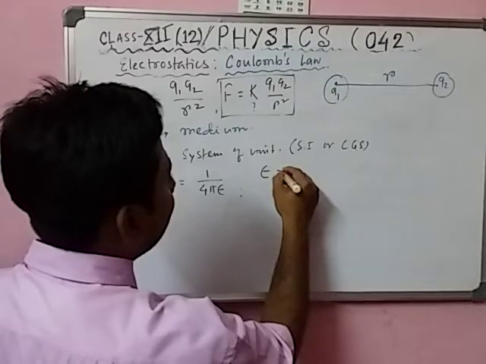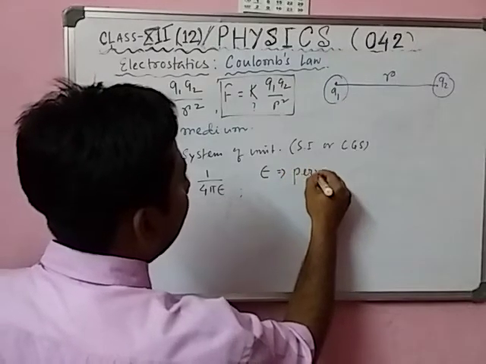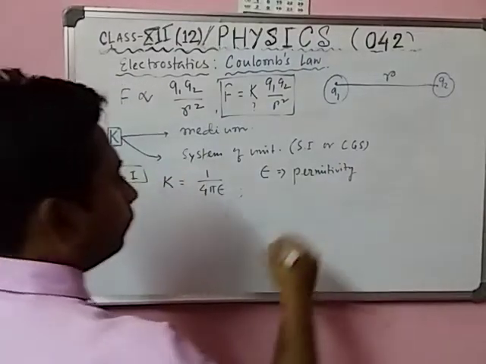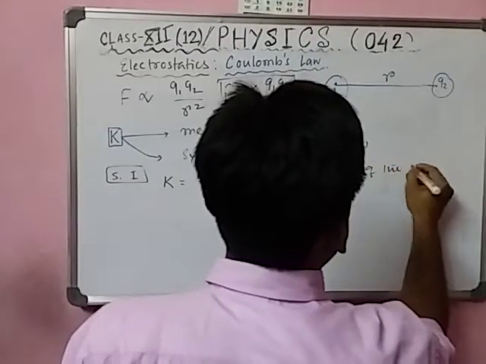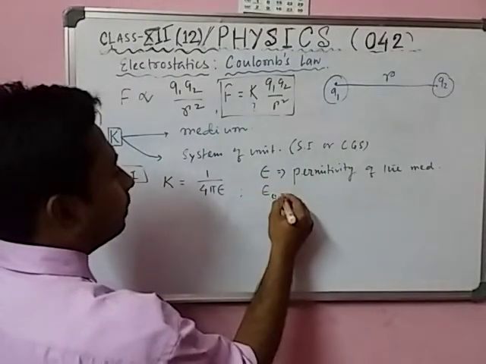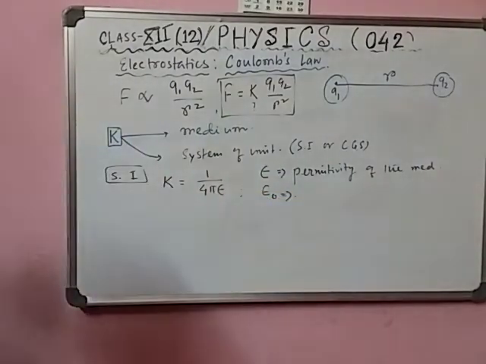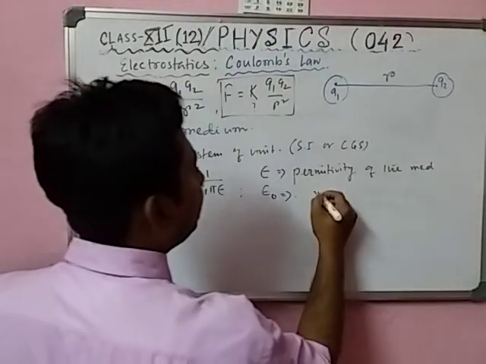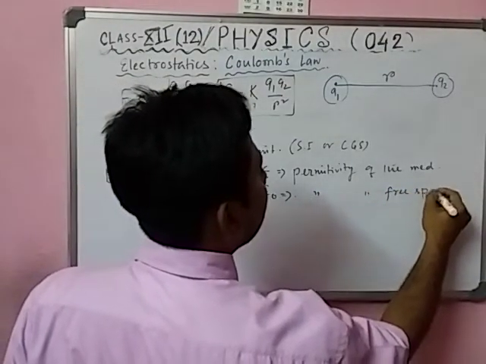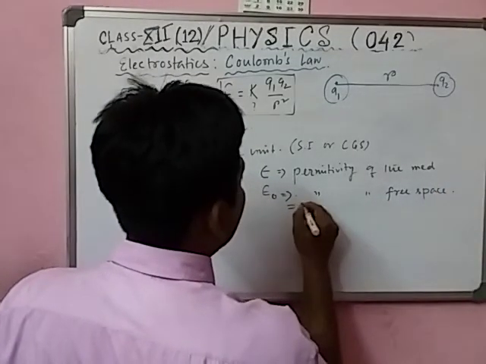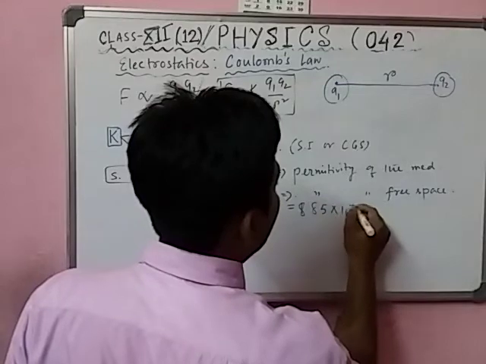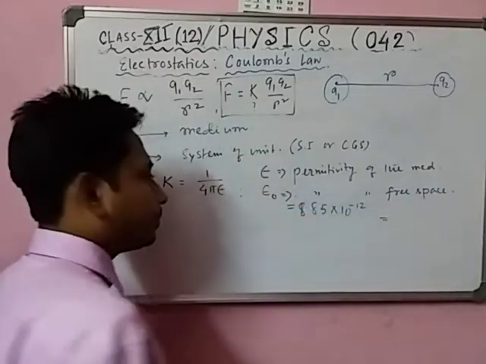Epsilon means the permittivity of the medium. If the medium is free space, this is the permittivity of free space. The value of epsilon naught is 8.85 into 10 to the power minus 12, and then its unit.